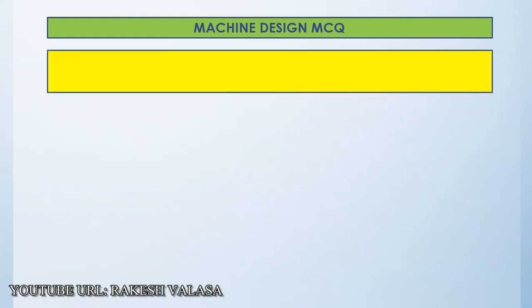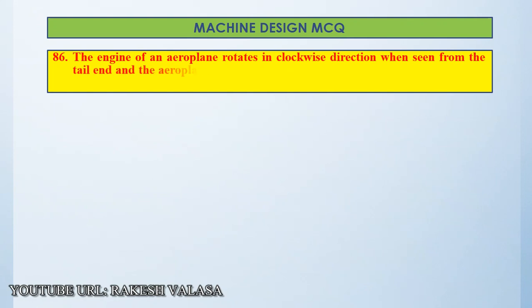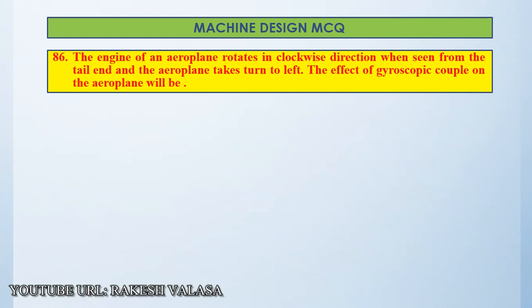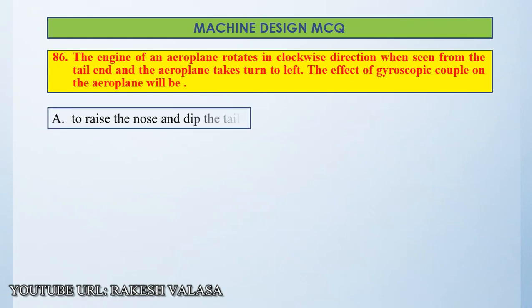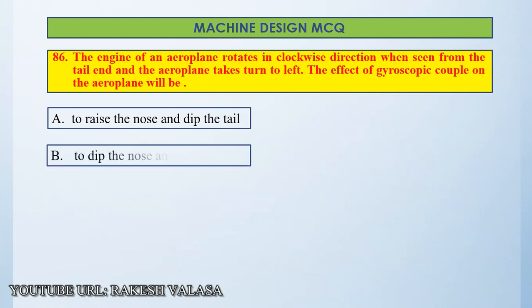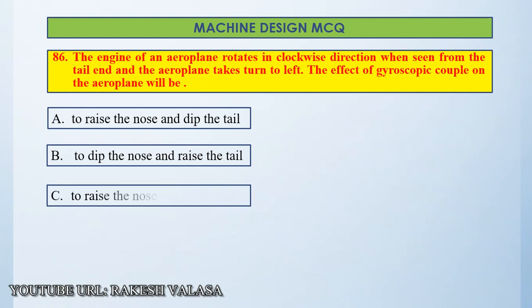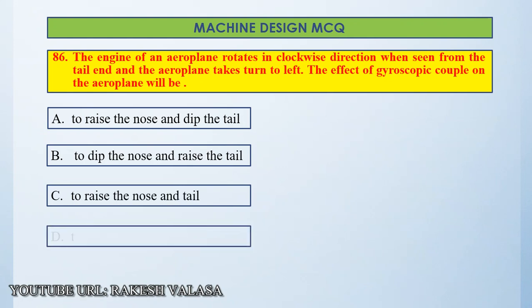Question number 86. The engine of an aeroplane rotates in clockwise direction when seen from the tail end and the aeroplane takes a turn to left. The effect of gyroscopic couple on the aeroplane will be option A to raise the nose and dip the tail, option B to dip the nose and raise the tail, option C to raise the nose and tail, option D to dip the nose and tail.